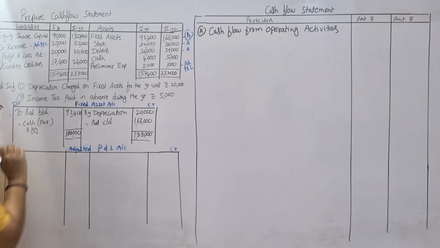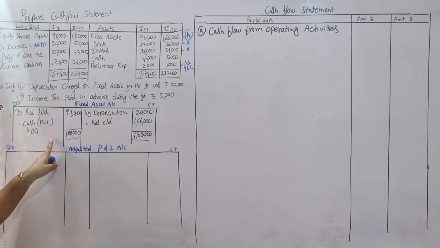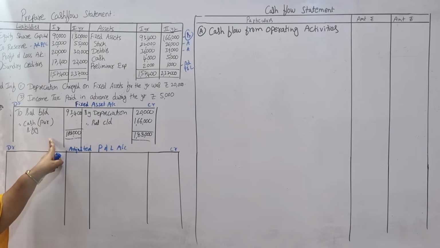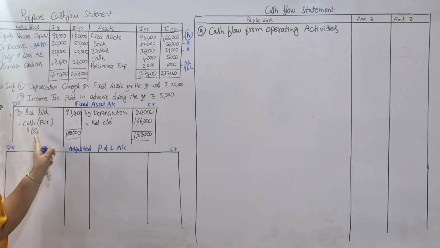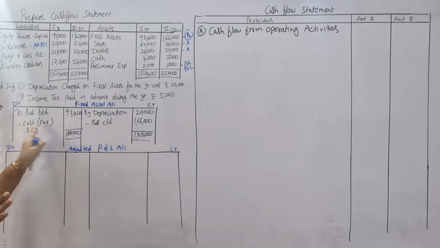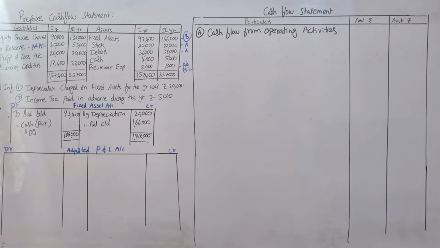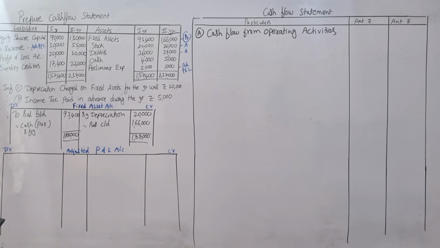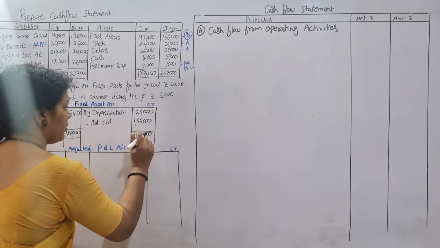Always remember, if you get a balancing figure on the debit side of an asset account, that is purchases. If you get a balancing figure on the credit side, it will be sales. Debit side we got, so I am writing purchases. How much is the balance? 1,88,000. Sorry, 86, na? 1,86,000.